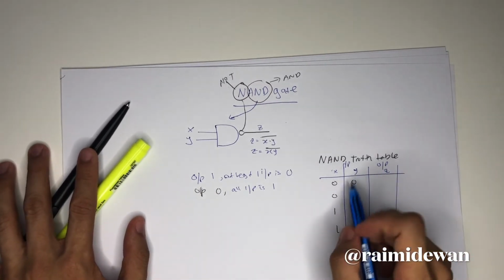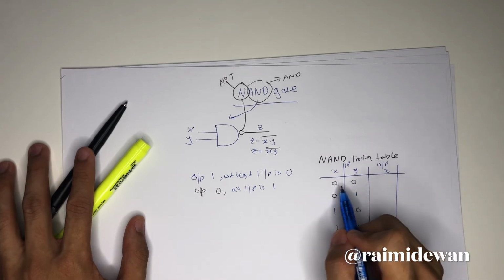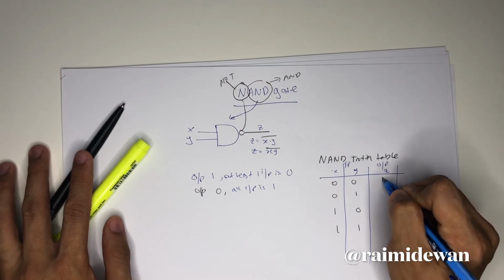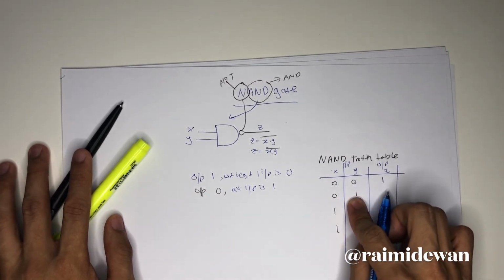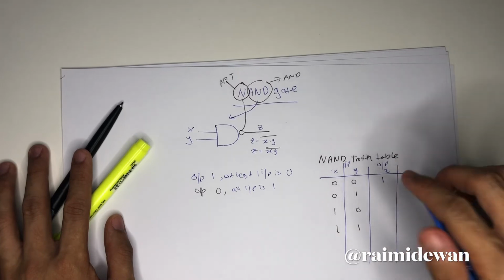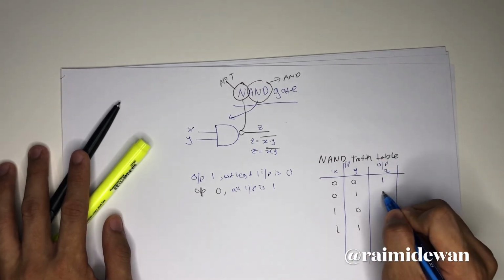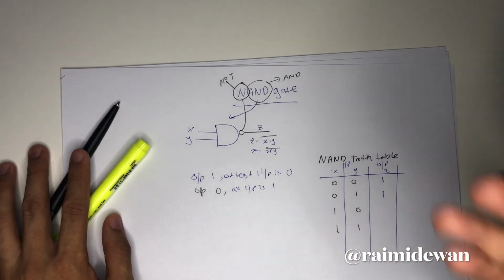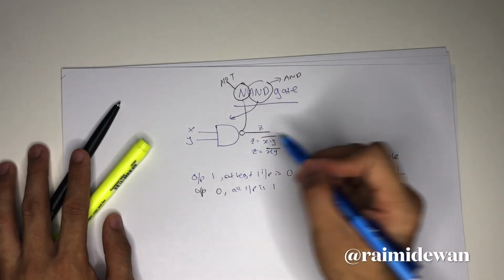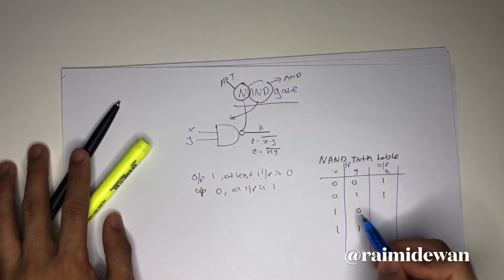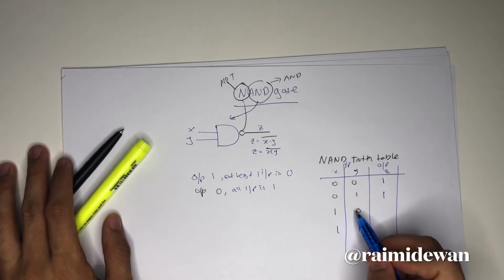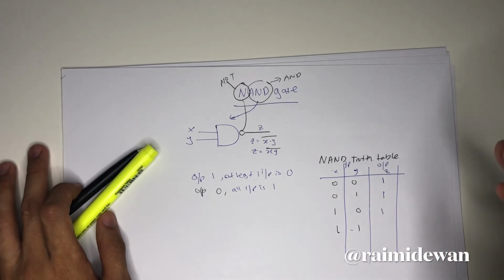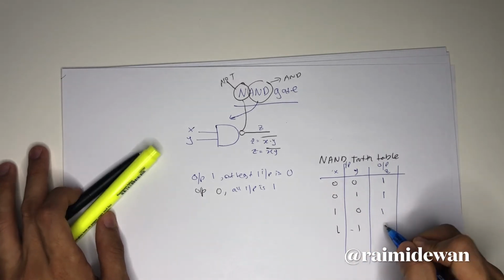For example, 0 0 for the AND gate: 0 times 0 is 0, invert that, then you get 1. 0 times 1 you get 0, after that you invert it, you get 1. 1 times 0 you get 0 also, and you invert again. First you multiply, then you invert. 1 times 1 is 1, but you invert, then it becomes 0.